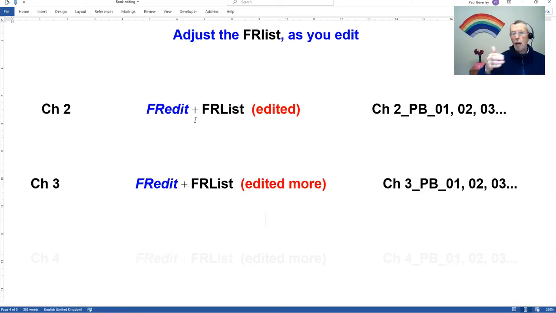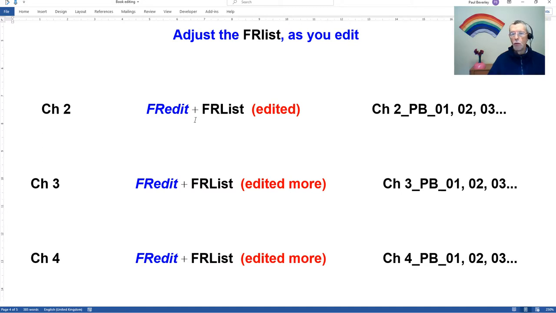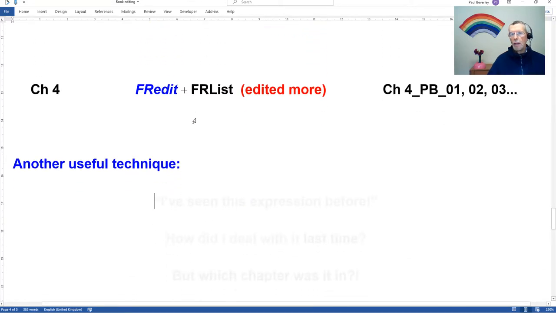And each time I do another chapter, I might have added or subtracted from the Fredit list, and so as I go through, I'm getting a more effective set of global changes that change more things before I start reading, so there's less to worry about as I'm reading, and I can concentrate more on what's going on in the document.